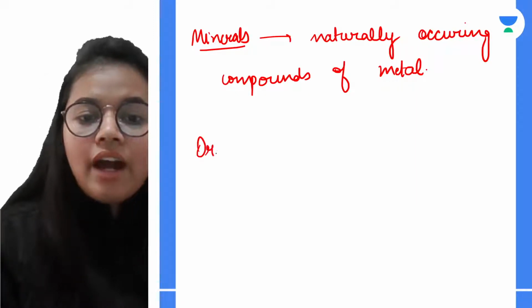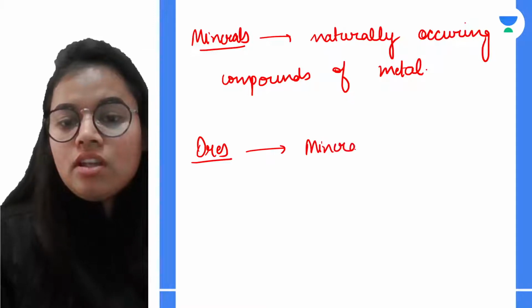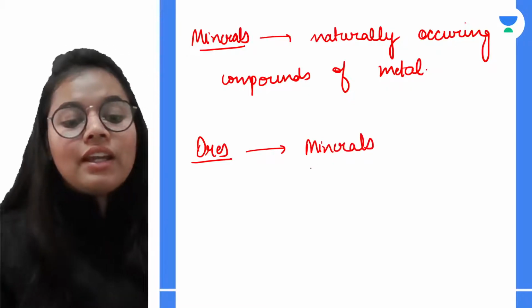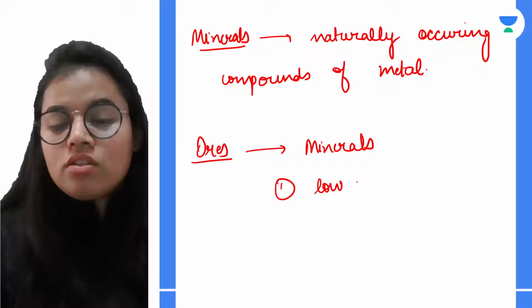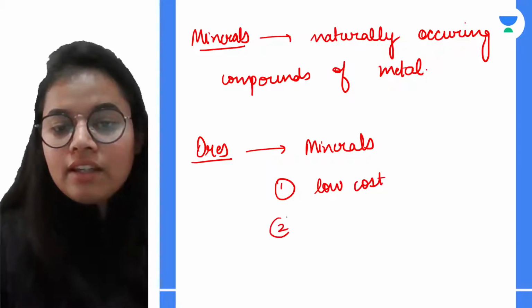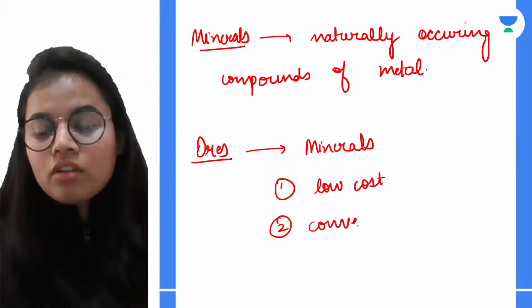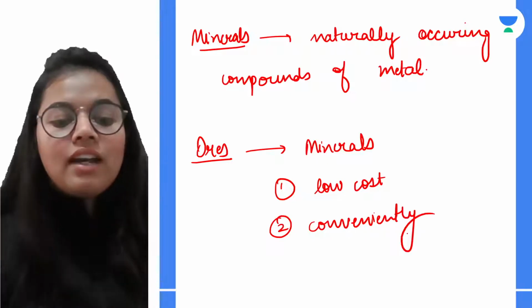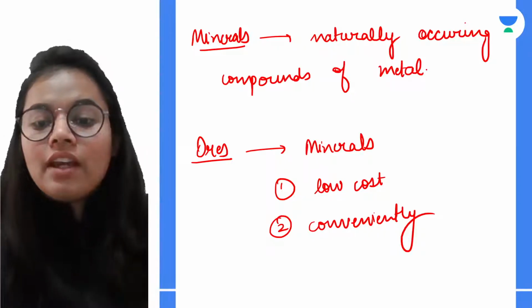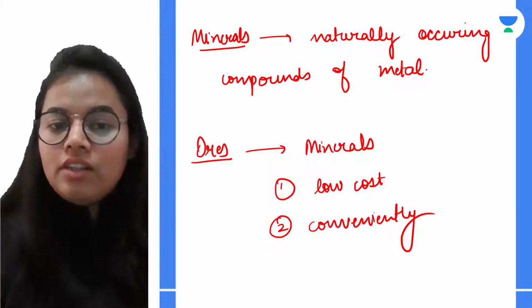So for that we have ores. So what are ores? Ores are basically minerals from which we can get the metal under two conditions. First is low cost, and second is that we can get it conveniently. So ores are the minerals from which we can get the metals at low cost and conveniently.